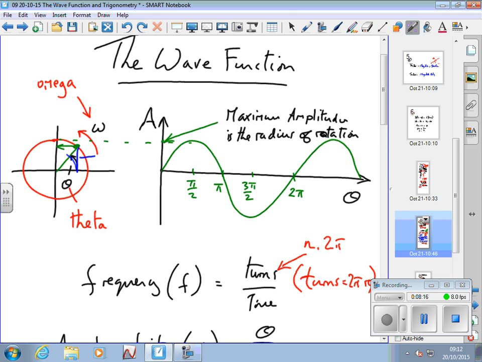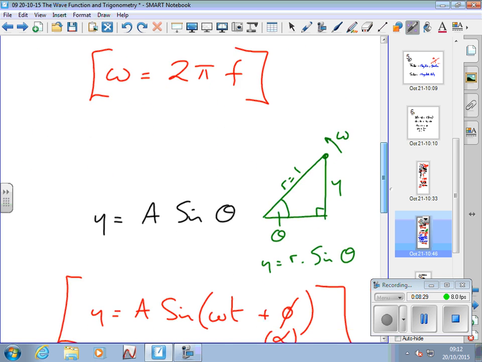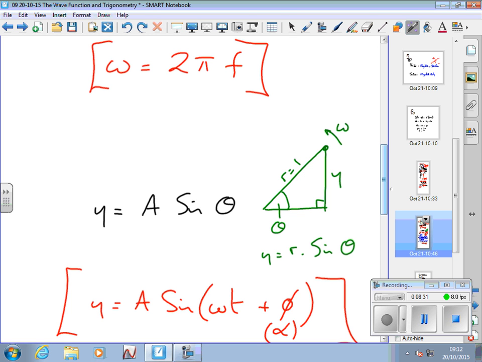So the sine of the angle multiplied by the radius of rotation will give me the y slope, which leads to these ideas here. So the y, which is the distance up the y-axis, so this could be the voltage if we're measuring voltage, or distance if we're measuring a slider, equals A for amplitude.